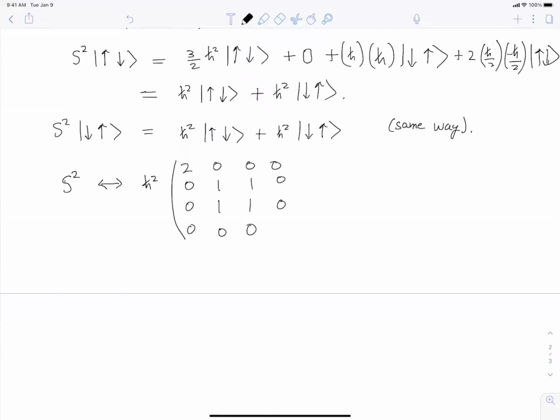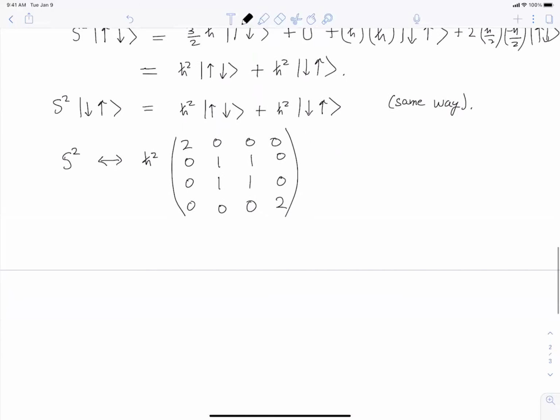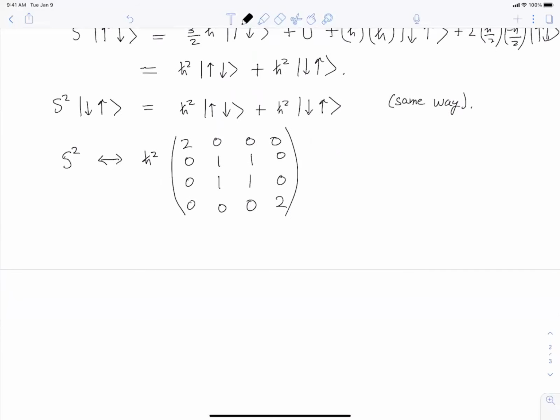And then there was a 2 here also for the down arrow state. So that's the 4x4 matrix. And fortunately, there's enough zeros to make calculating the eigenvalues and eigenvectors very easy. So the eigenvalues are 2 h bar squared, 2 h bar squared, 2 h bar squared, and 0.